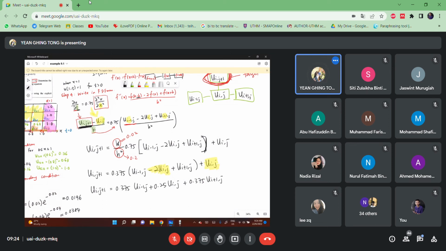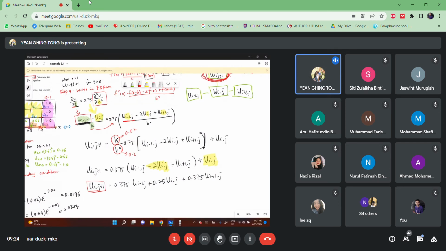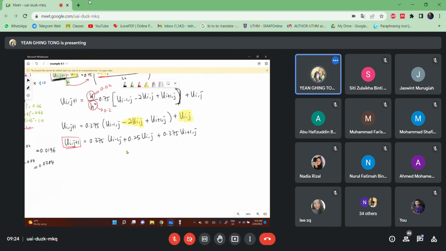Okay, done. Now we already solved until this, we get this value. That means we want to get u(i, j plus 1). Okay, now I want to draw the molecule graph. The next step.